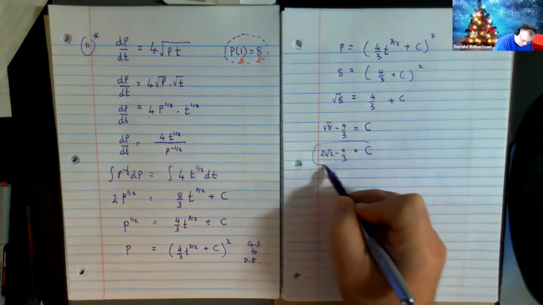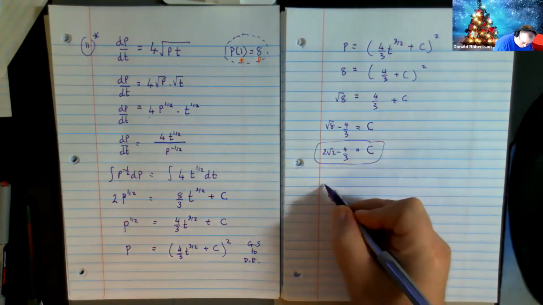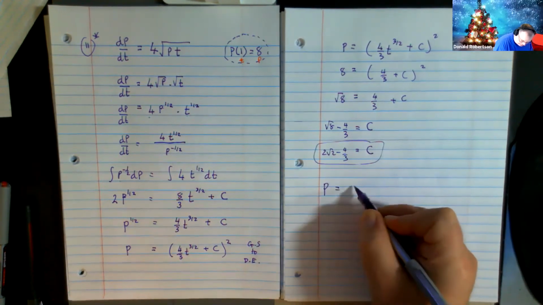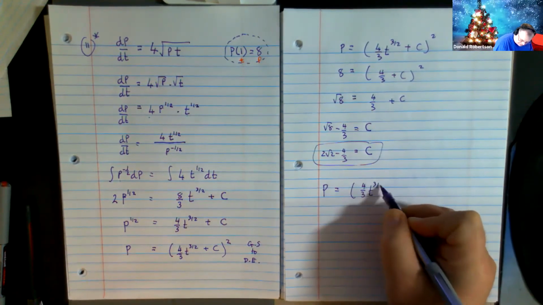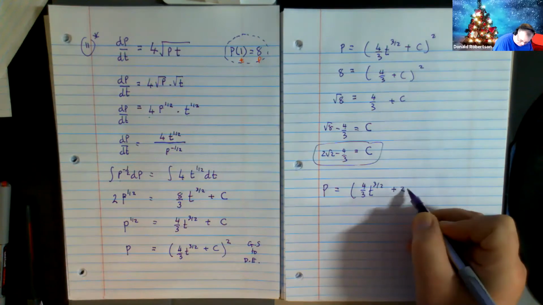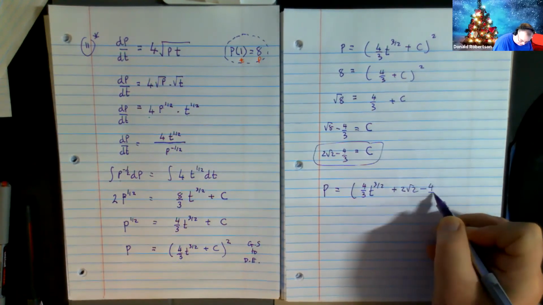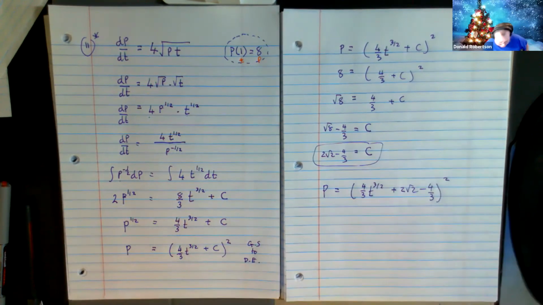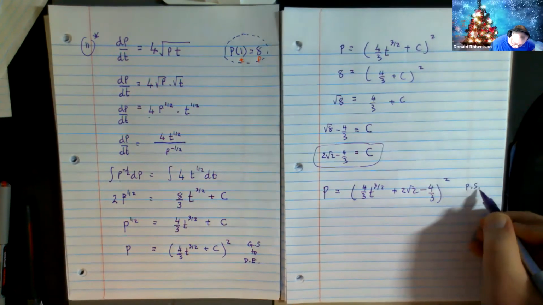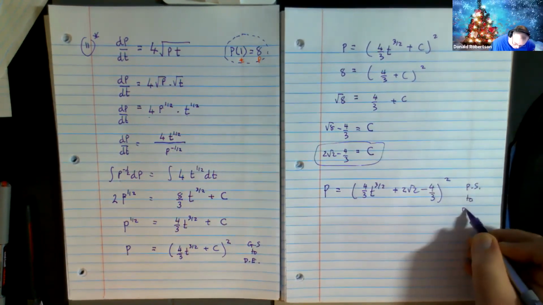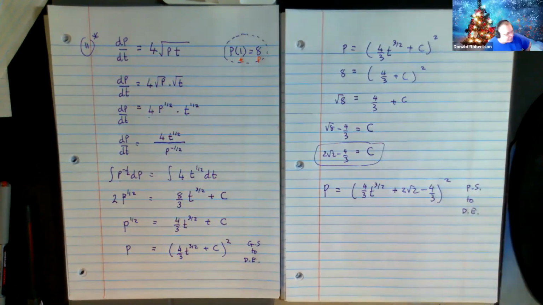And that is going to be C, which means we now have 4/3, that guy, plus C, all squared. And that's the particular solution to this differential equation.